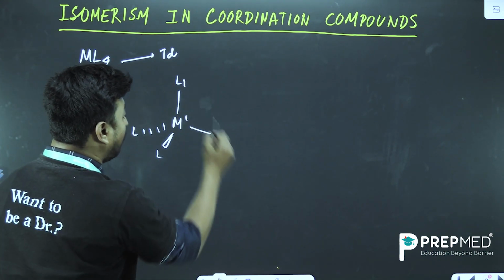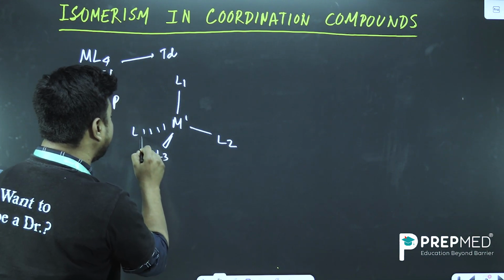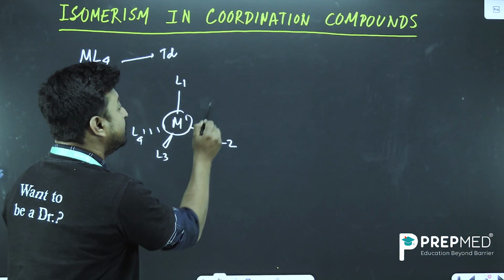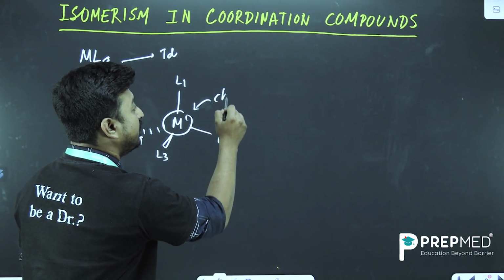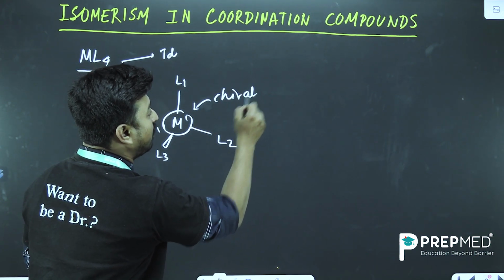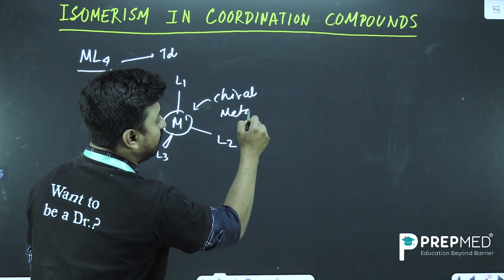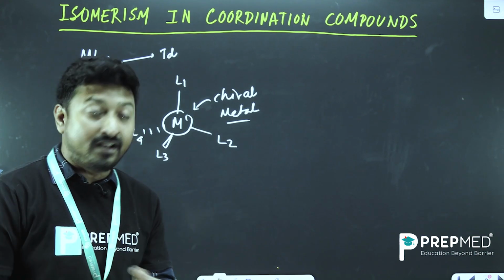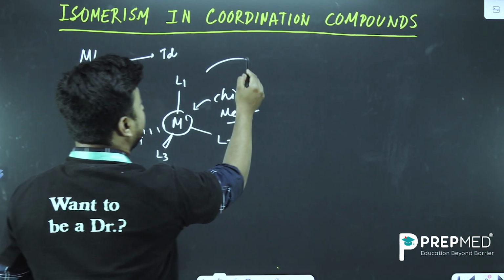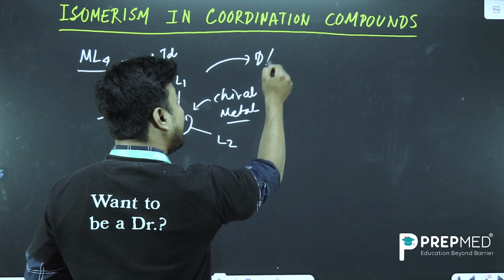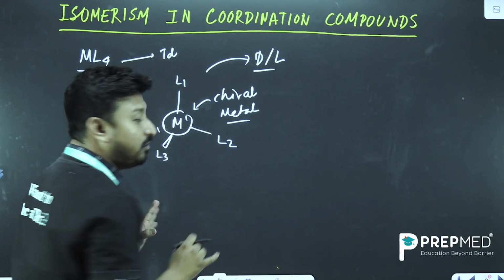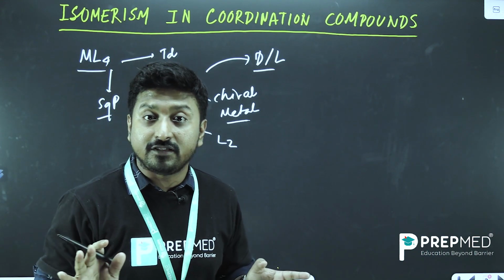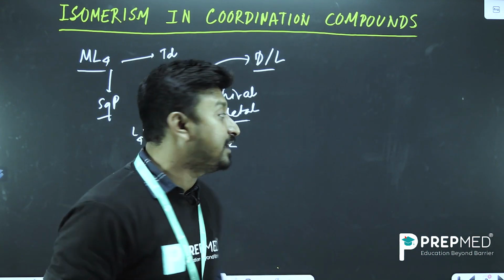But if all four ligands are different, then this metal center is called a chiral metal center. Since this is a chiral metal center, this will show DL isomers. That means the molecule will be optically active. So it will show optical isomers but not geometrical isomers.